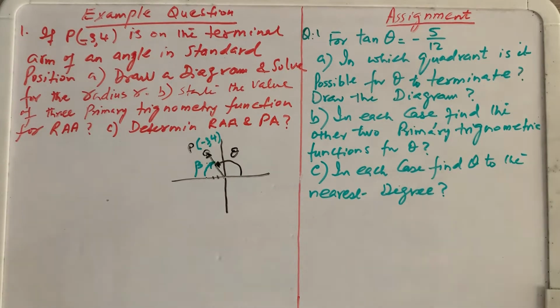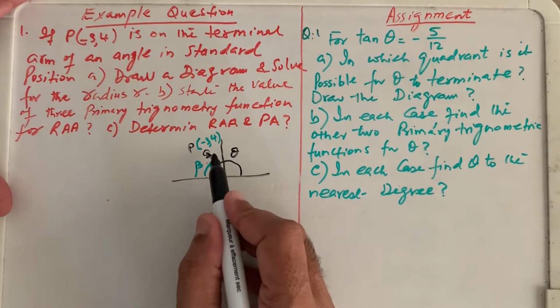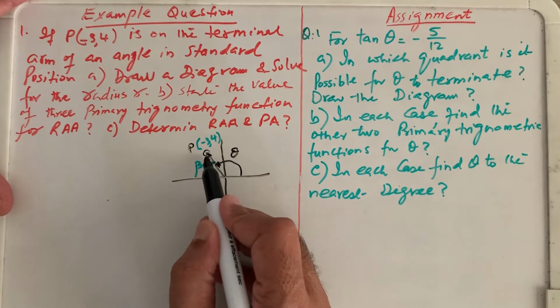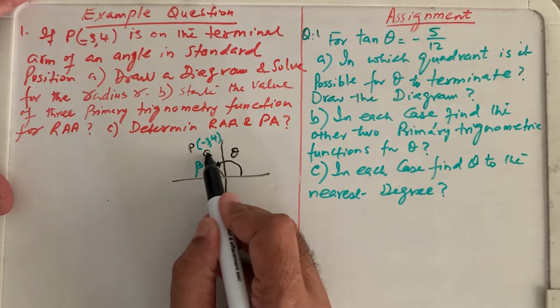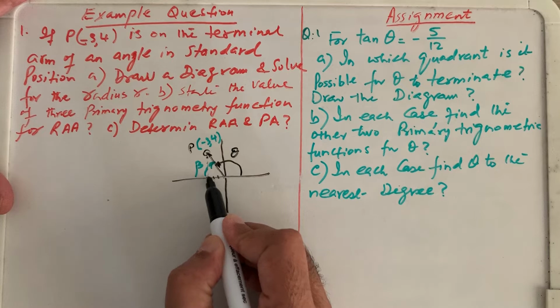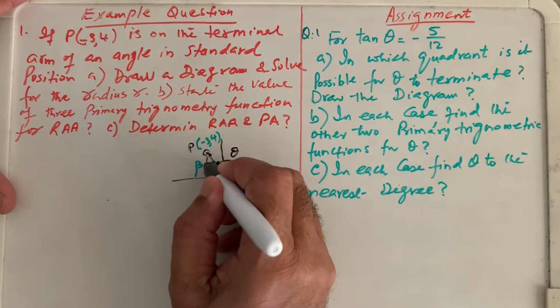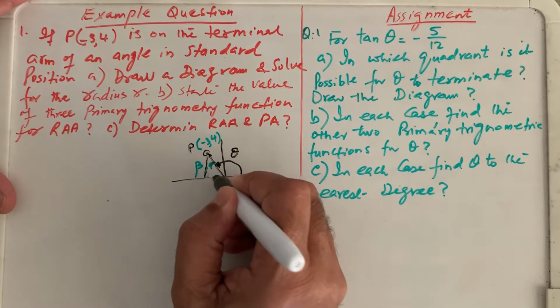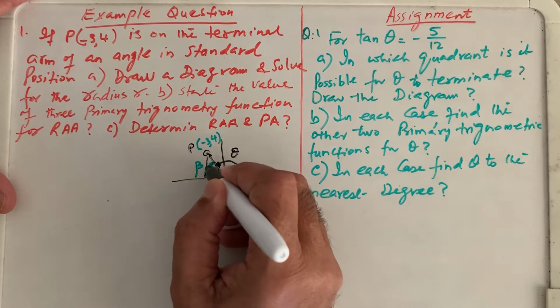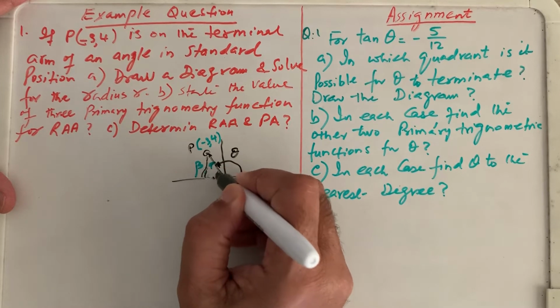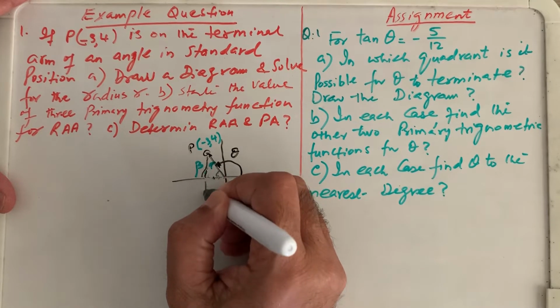We have this point, and if we make this triangle, then we can find out the two things. If I draw a perpendicular here, then I have my right angle triangle. In this right angle triangle, this is my beta.